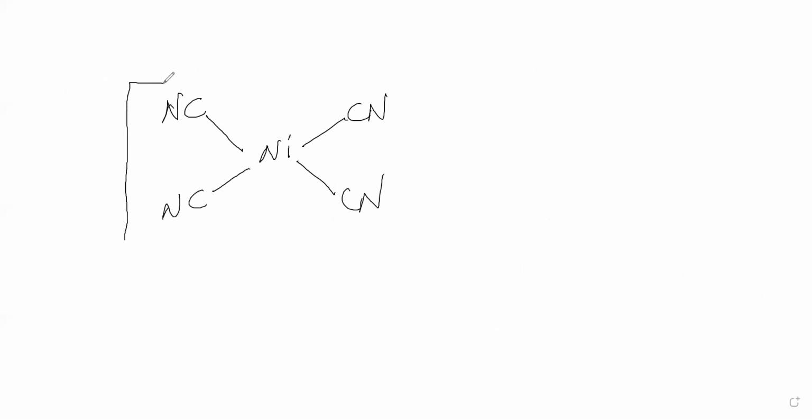Now how the square planar structure looks like: you have nickel, the cyanides are here like this, and now it's like this. This is 2-. That's how you get the structure, nickel tetracyanide. Because the 3d orbitals are utilized, it's an inner orbital complex.